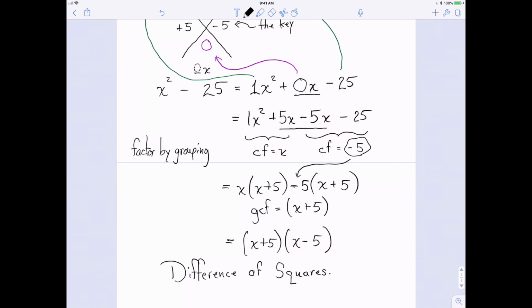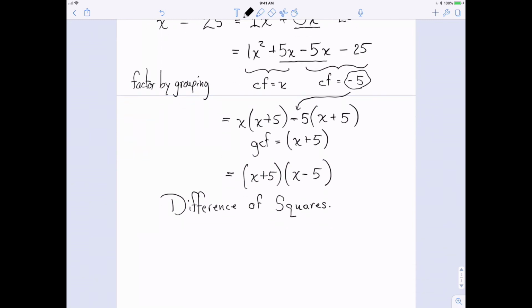And if you don't see the pattern, all you have to do is go through the game. And if you do see the pattern, then notice that the pattern is often written as x squared minus some number a squared. And then you always know that it factors into x plus a, x minus a.